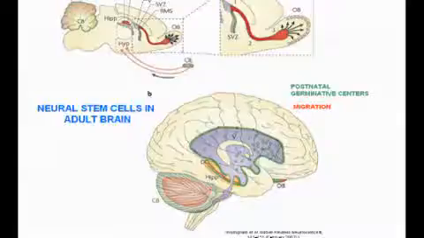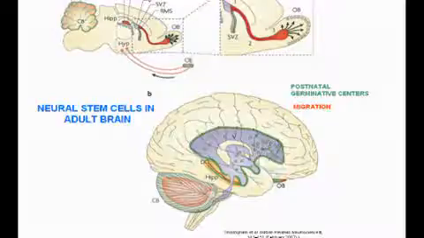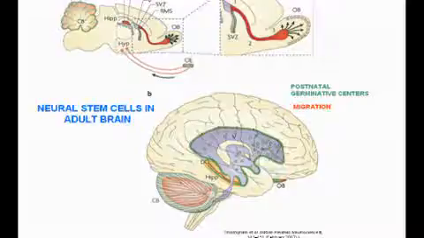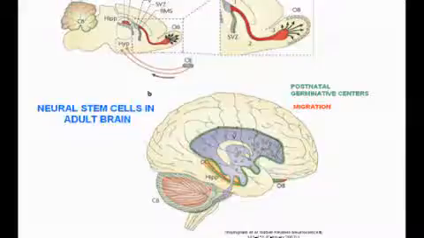I mean, we have telencephalic areas, or in the temporal lobe, we have the hippocampus, where it's very important to renew the cells. So the presence of neural stem cells has been demonstrated in both areas, in the subventricular area of the hemispheres, in the lateral hemispheres, and in the subgranular area of the hippocampus.